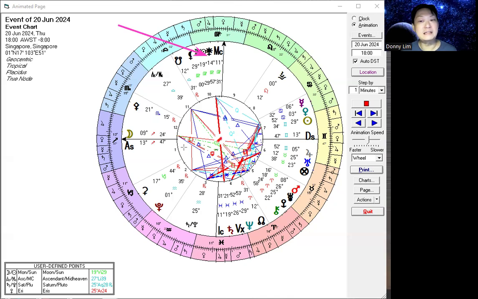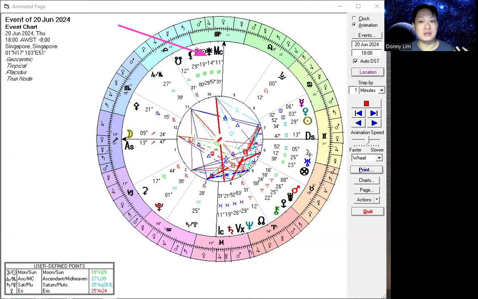And last but not least, 3rd from the 10th, this can also describe relatives from the maternal parents' end, because anything that's 3 divisional houses away from something can represent siblings, and from the 10th, which is our maternal figure growing up.